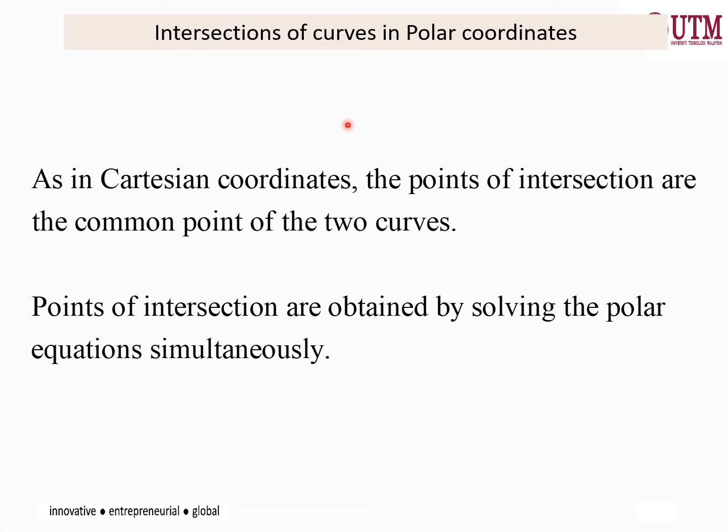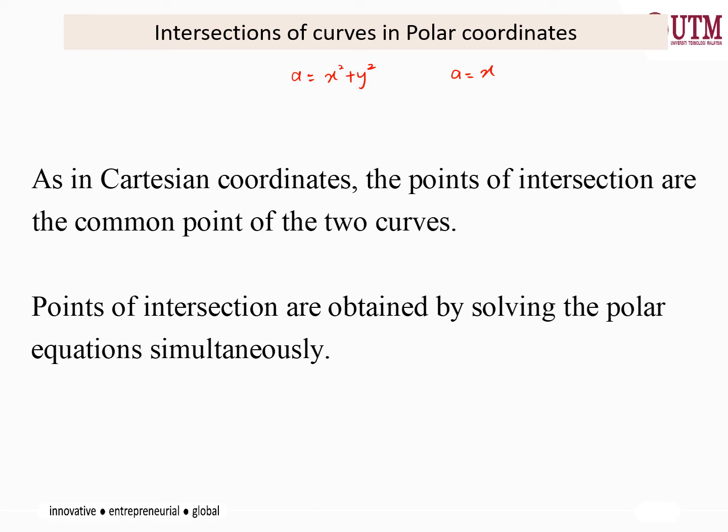The last topic for this is the intersection of curves in polar coordinates. As in Cartesian coordinates, the points of intersection are the common points of the two curves. For example, we have x squared plus y squared equals a, and we have another shape which is a equals x.